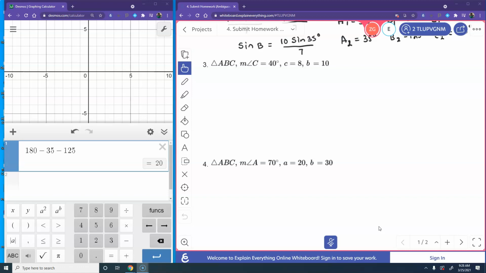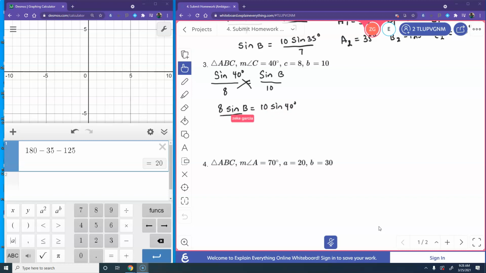For number 3, we're going to use, again, the law of sines. So we have the sine of 40 degrees is to 8 equals the sine of angle B, which we don't know, over 10. So we're going to cross multiply. So we have 8 times the sine of B is equal to 10 sine of 40.